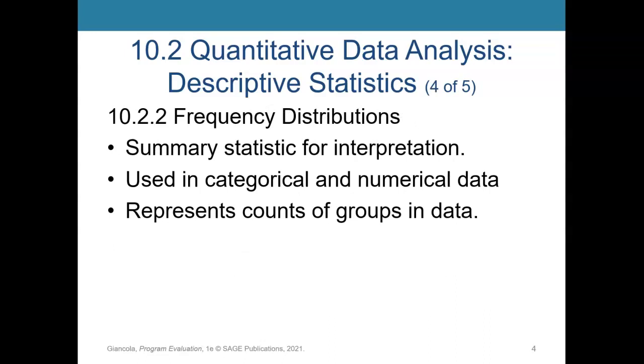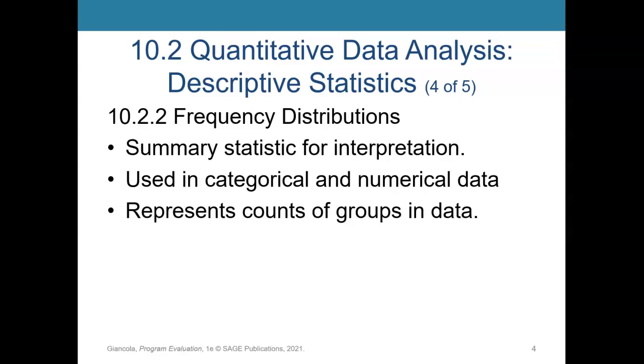A frequency distribution is another type of summary statistic or descriptive statistic for interpretation. It's a lot of times used with categorical data. When you don't have numbers to calculate an average, you may instead show a frequency distribution, which is sort of a graph or it could be a table or a chart that just shows you the count of groups in the data.